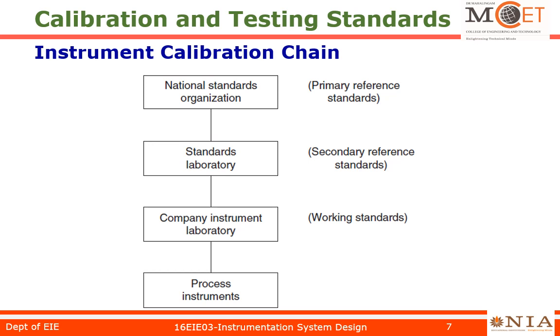The NBS, National Bureau of Standards in Washington, is responsible for maintaining the primary standards in North America. There are other national laboratories, such as the NPL, National Physical Laboratory, in Britain, and also in Germany. The primary standards, representing the fundamental units and some derived mechanical and electrical units, are independently calibrated by absolute measurements at each of the national laboratories. So this is about the primary reference standards.